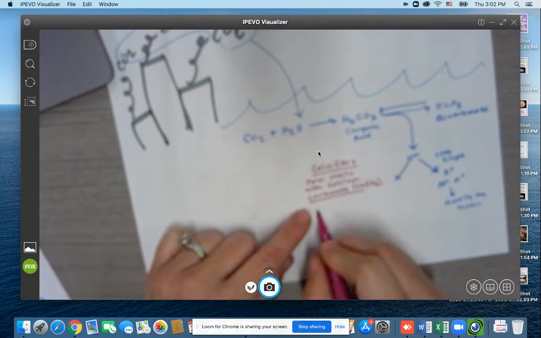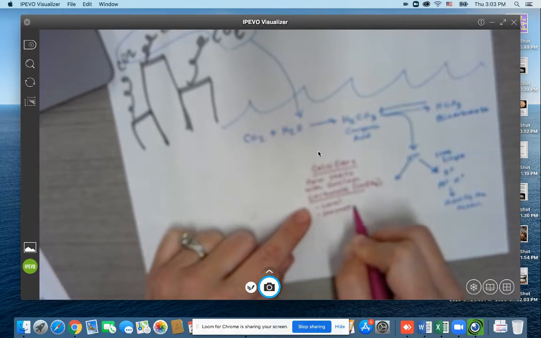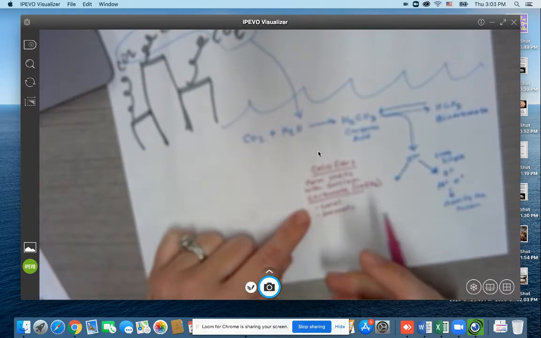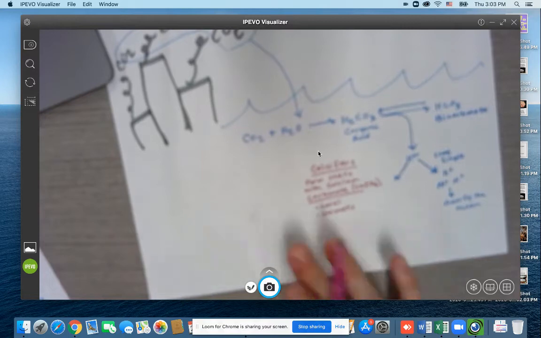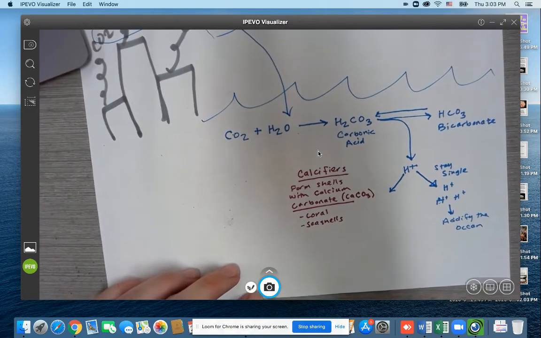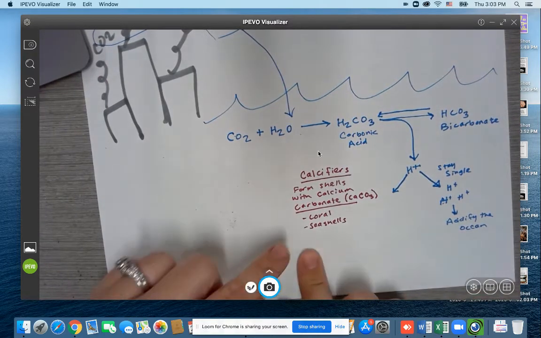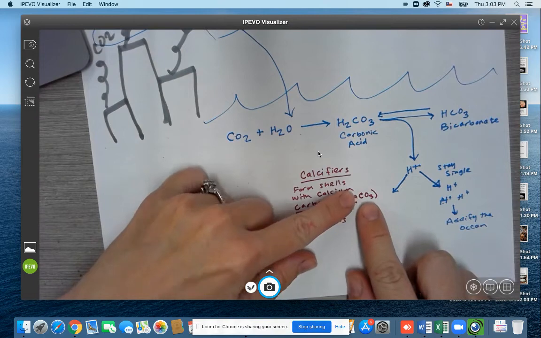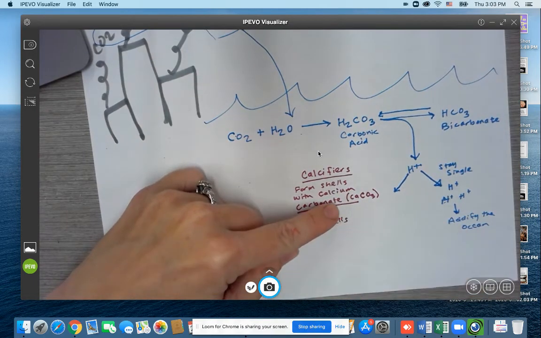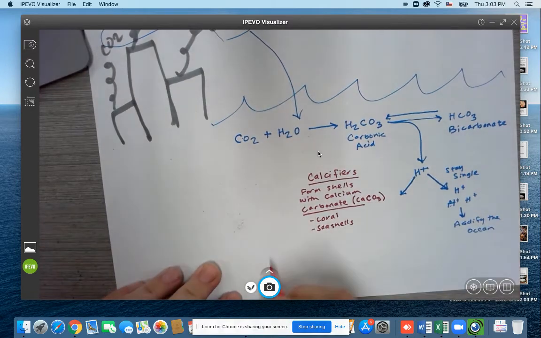All right, so you're going to have your coral, all of your seashells, and some other animals like the nautilus, but we don't need to focus on that now. Speaking of focus. Okay. So in order to build their shells, they need carbonate and they need calcium. They need to bring those two together. So let's go ahead and sketch a seashell or whatever one of these you want to draw.